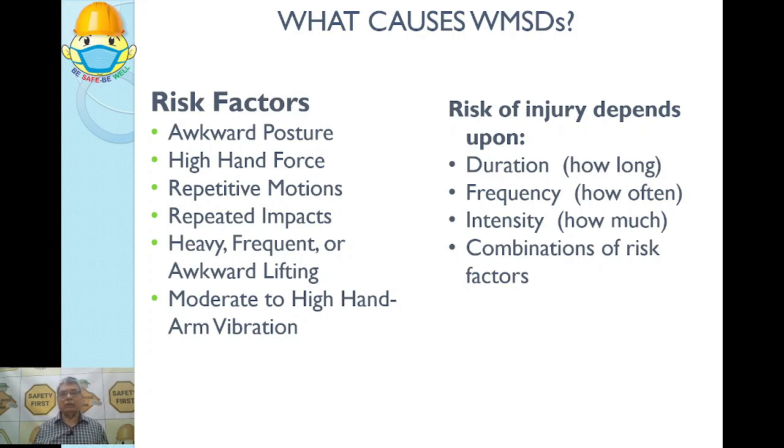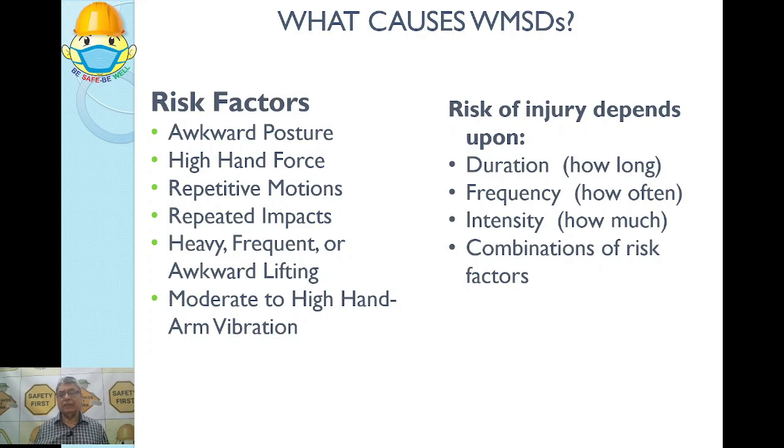Duration means how long you are sitting in that particular awkward posture. If the duration is short, there may not be a problem, but if the duration is very long, then there will be a problem. Frequency means how often, for example if you are using the hammer in a very fast manner, striking say 100 times in a minute, the impact will be more.